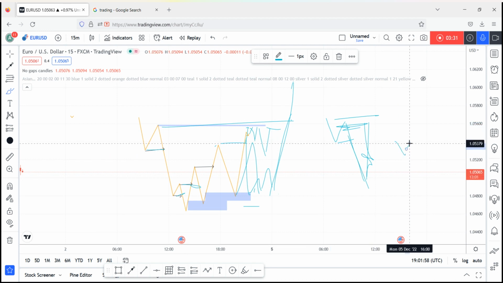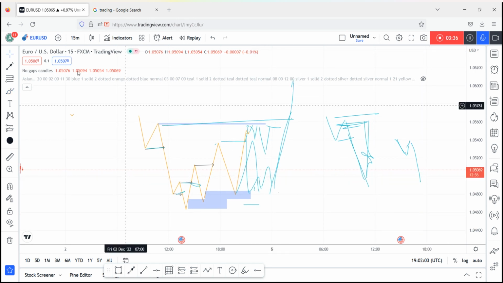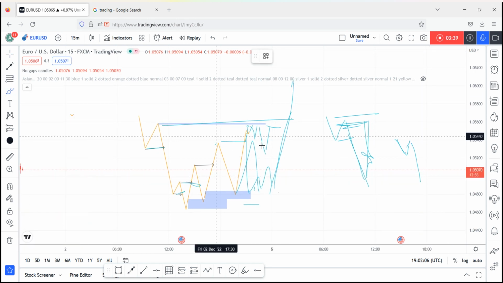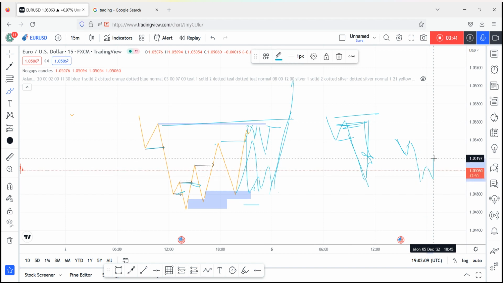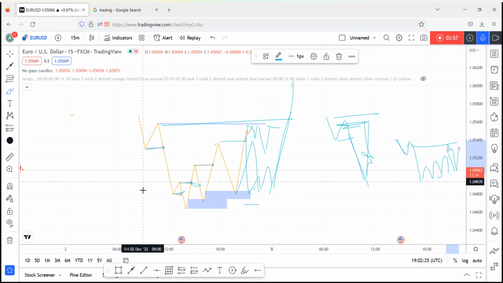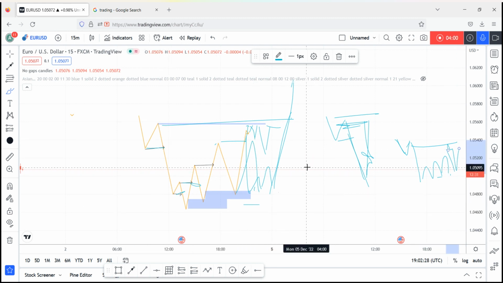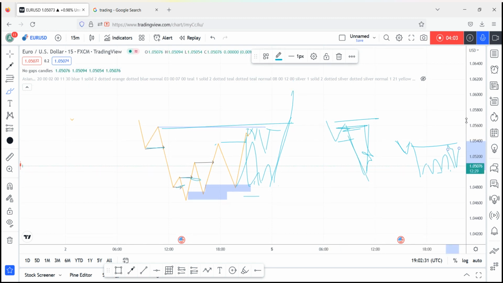But if price is making a break of structure like this and then made a change of character from here, mitigated this demand zone, then demand takes control over from supply, and then demand is in control, then you can take a risk entry from here like this, right? You should wait for the change of character and then you can take entries, right? So this is how it is done, risk entries and confirm entry, right? So these are the possibilities when you should take risk entry and confirm entry.